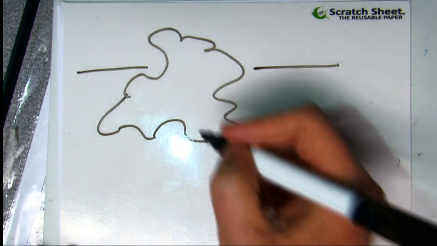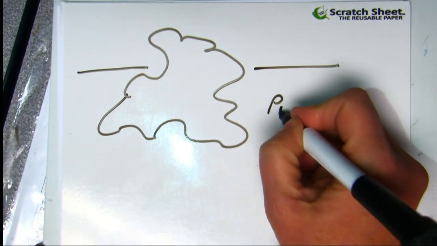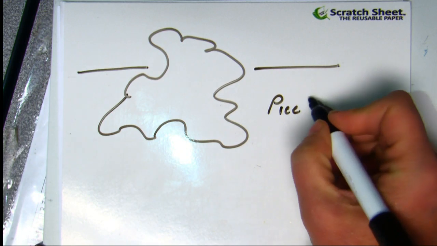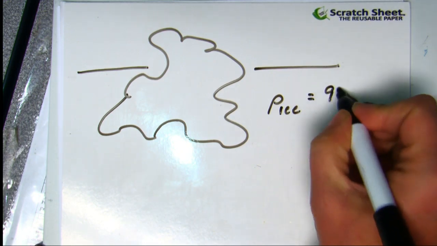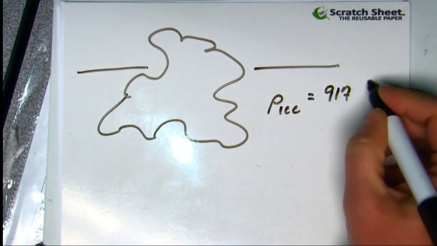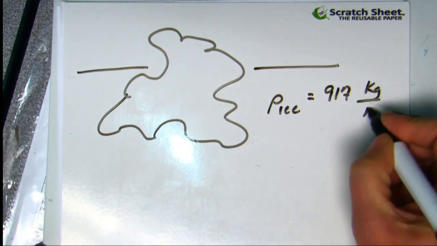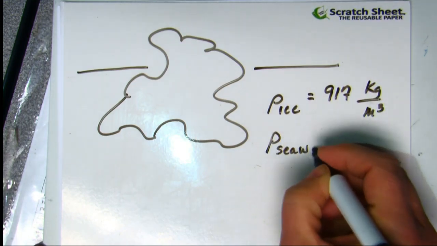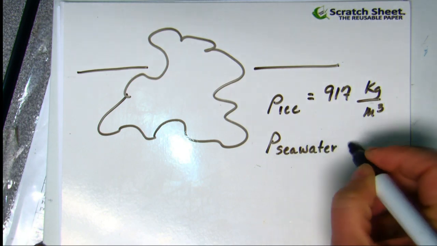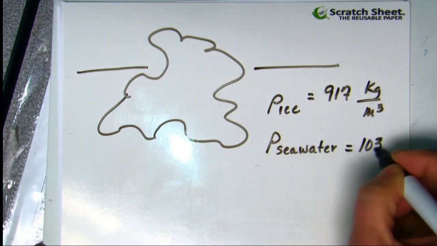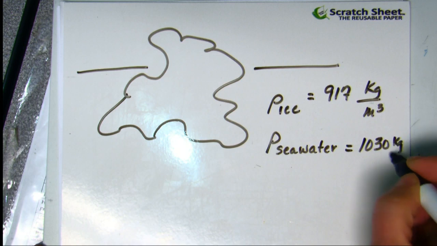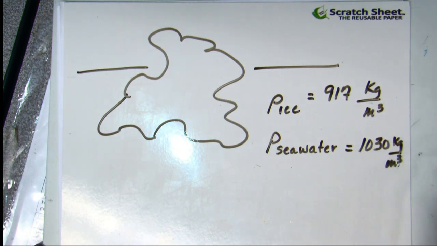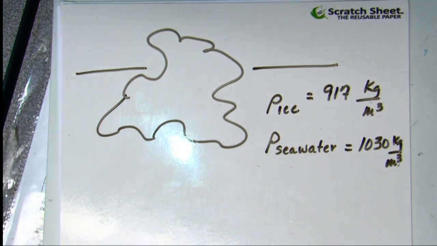Because the density of ice is 917 kilograms per meter cubed. The density of seawater is equal to 1,030 kilograms per meter cubed. So I do have a difference of density between ice and seawater.